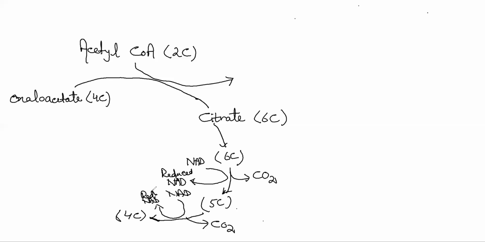I hope it's clear. If it is not, I can write it again. Reduced NAD. Okay, clear? So the 5 carbon compound has changed into an intermediate compound which is 4 carbon by the removal of one carbon dioxide molecule.